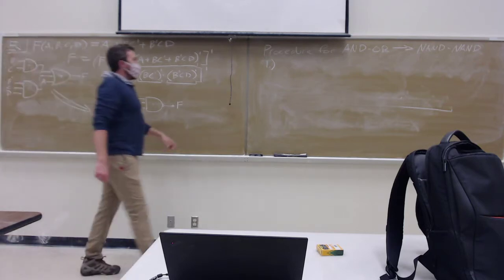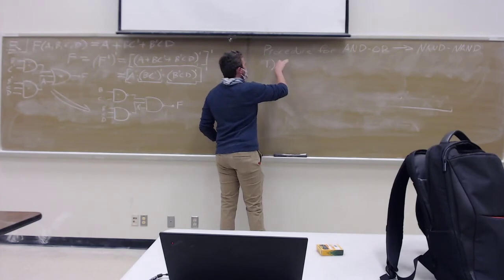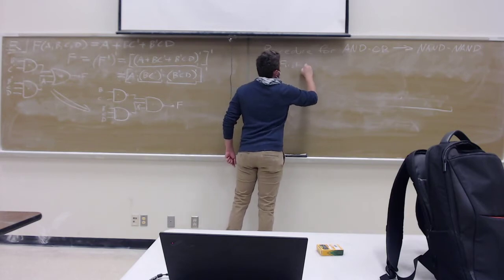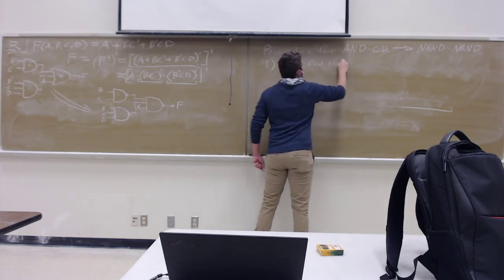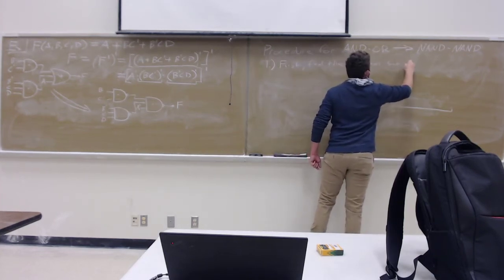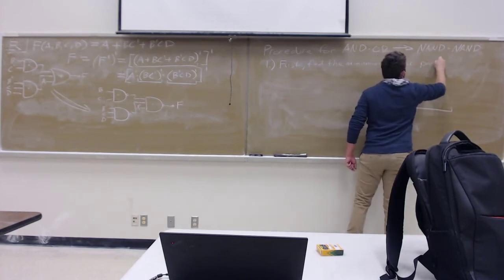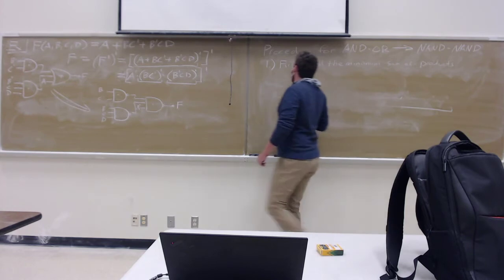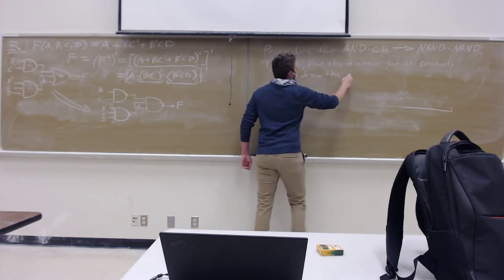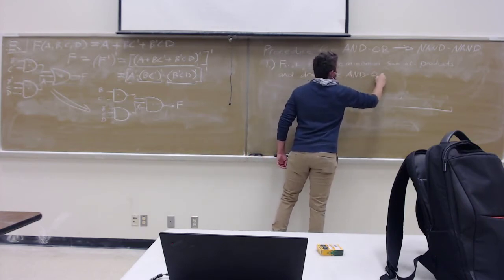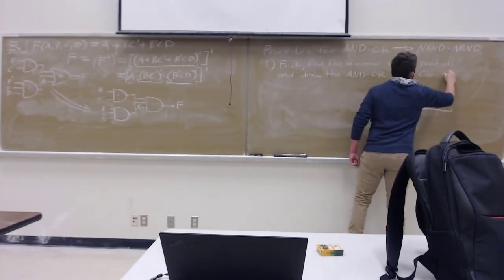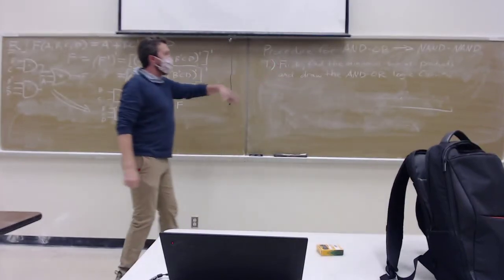But we'll say that this is not even really part one, it's like part zero, that says you first find the minimum sum of products and draw the AND-OR logic circuit. That's important. If we don't start with sum of products and we don't start with AND-OR, then nothing can happen.